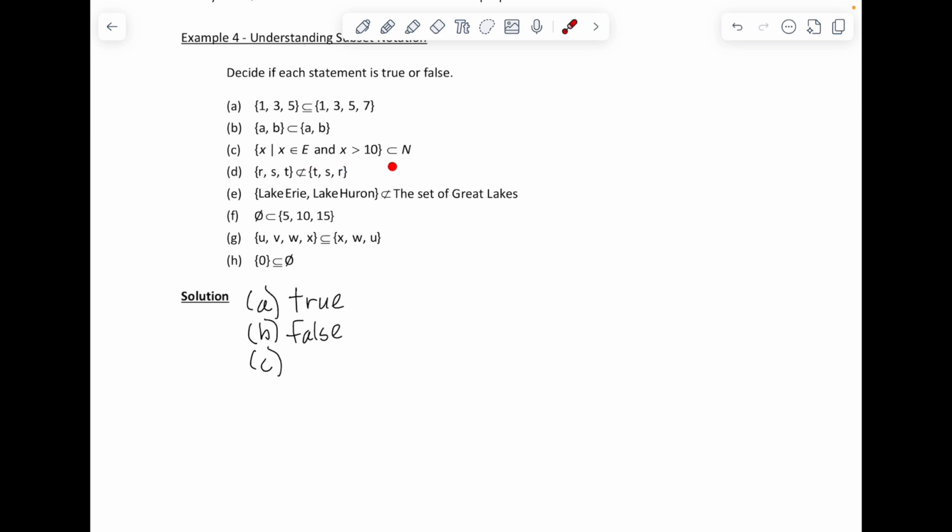And N represents the set of all natural numbers, right? So is the set of even natural numbers greater than 10 a proper subset of the set of natural numbers? Well, certainly every element in the first set is a natural number, but not all natural numbers are in this set. So yes, this set is a proper subset of this set because all the elements in this set are also in this set, and these two sets are not equal to each other. So for C, yes, this is a true statement.